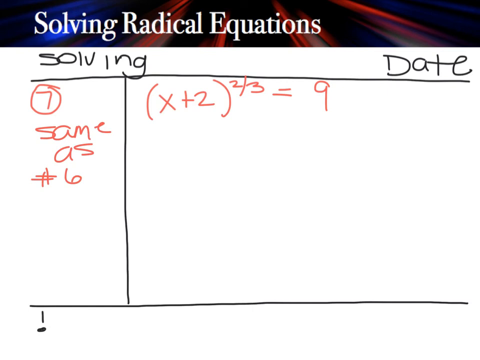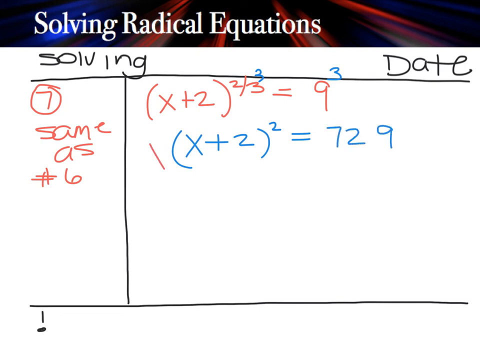Now for me, I'm going to go ahead and cube both sides. So I'll have x plus 2 squared equals, and 9 cubed is 729.